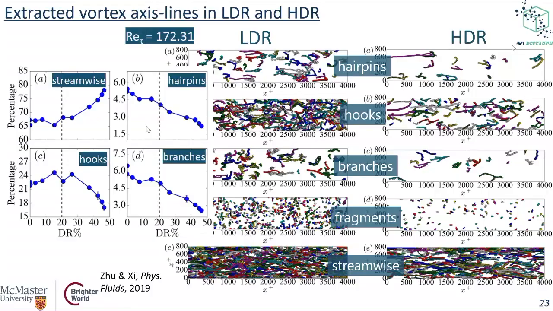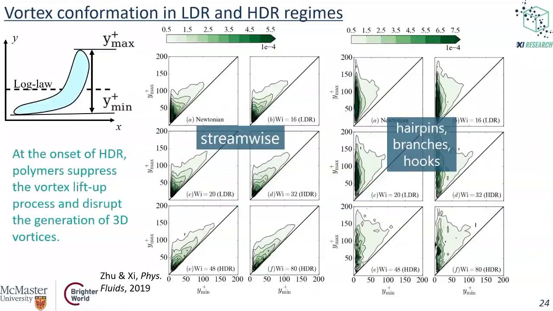In LDR, the percentage of streamer vortices is almost constant, and it starts to increase in HDR, right? Notice that if you look at strength, the vortex intensity is continuously changing as you increase the percentage of drag reduction. But if you look at the percentage, it's constant here. And if you combine all the three-dimensional vortices, they are almost constant at the beginning, at LDR, but they start to decrease, right? So there's a sharp transition in the streamer versus three-dimensional vortices between the LDR and HDR transition.